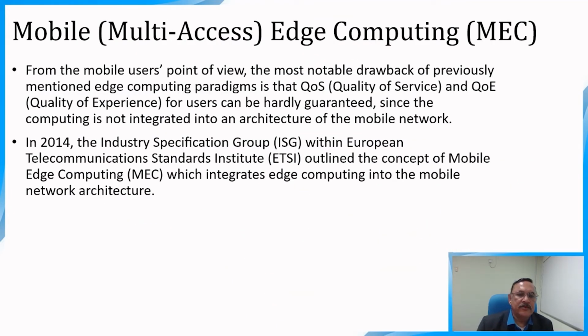So, therefore, comes this particular advantage called multi-access edge computing. Earlier it was mobile edge computing; now mobile edge computing has changed to multi-access. Why? Because there may be multiple access technologies to provide this edge computing. Therefore, it is called multi-access edge computing.